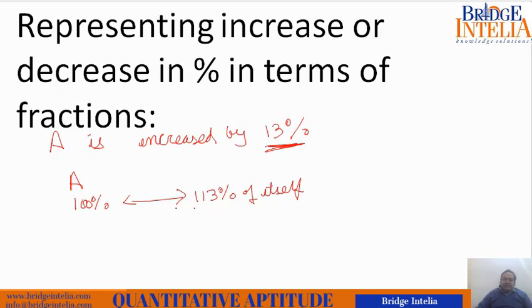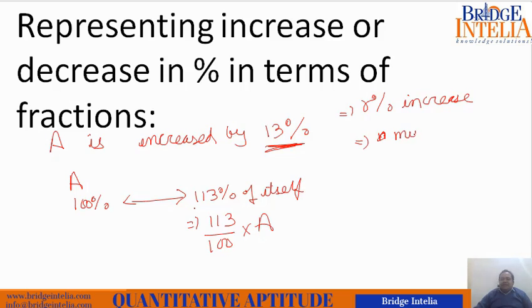So you are basically trying to calculate 113% of A. So this can be written 113 by 100 into A. So if you are increasing anything by R percent, you are multiplying by a multiplication factor.